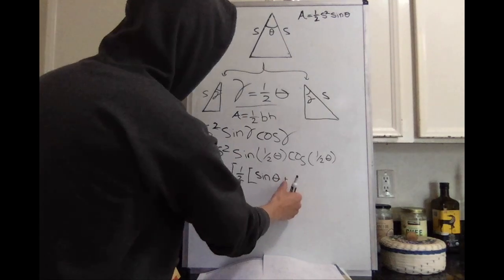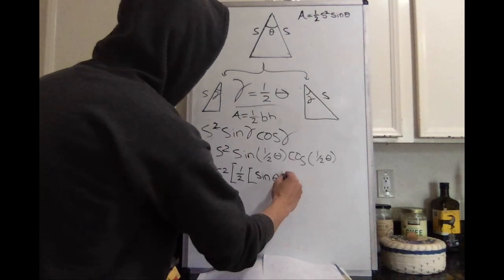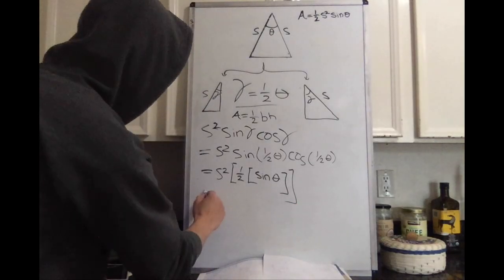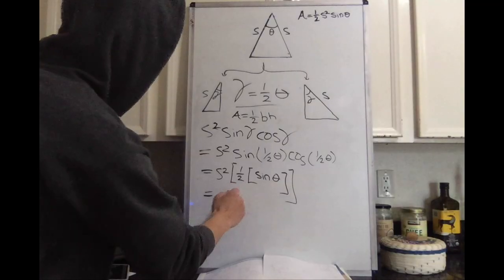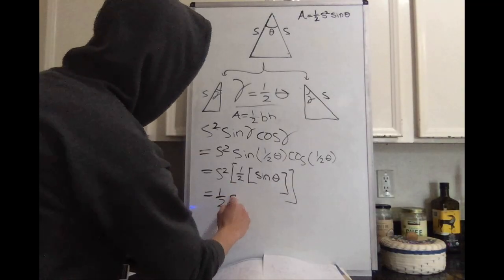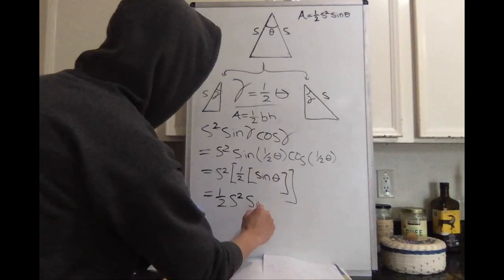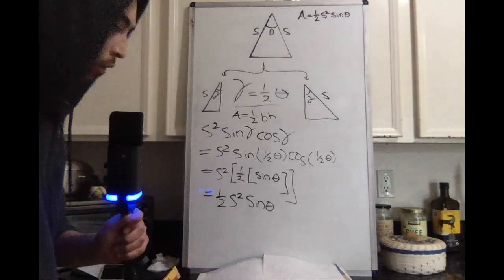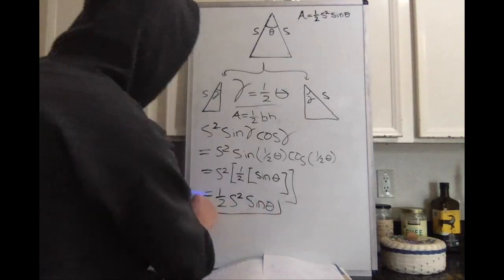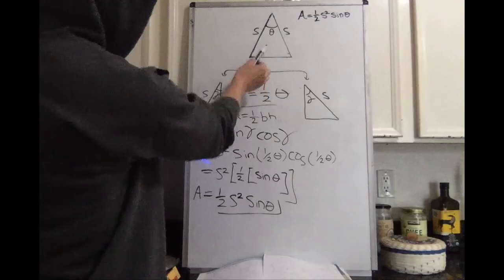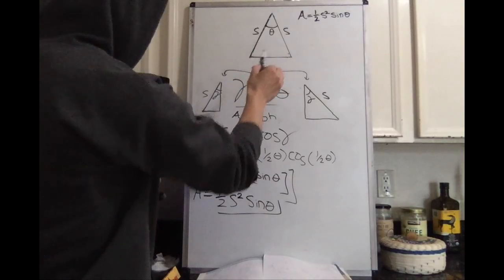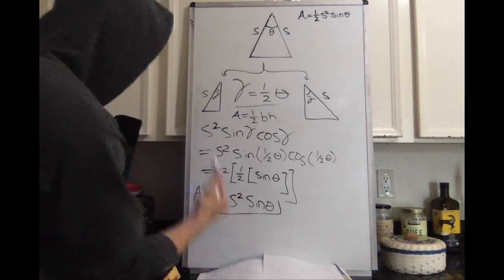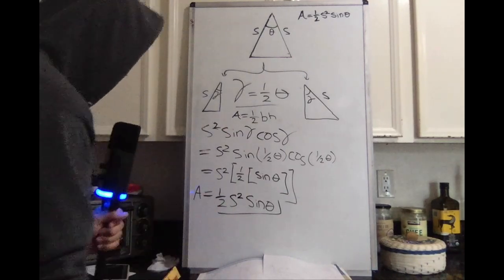So I'll end that there. Basically we are finished because we have 1/2 s squared sine of theta. That's all there is to it. We have shown that this isosceles triangle's area is 1/2 times s squared times sine of theta.